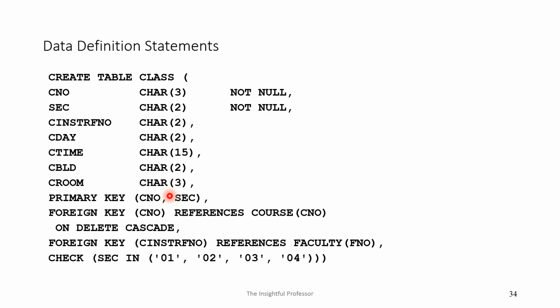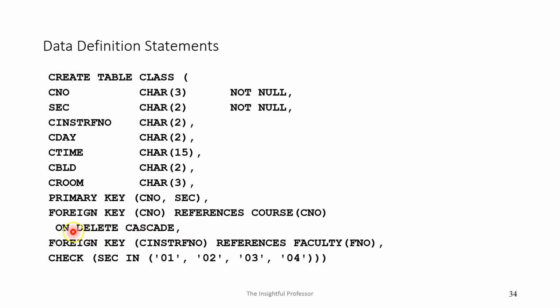We have a composite primary key. It's the combination of course number and section number that, taken together, will uniquely identify one class or one row in the class table. But course number, when taken by itself, serves as a foreign key to identify the course for which this is a scheduled offering.